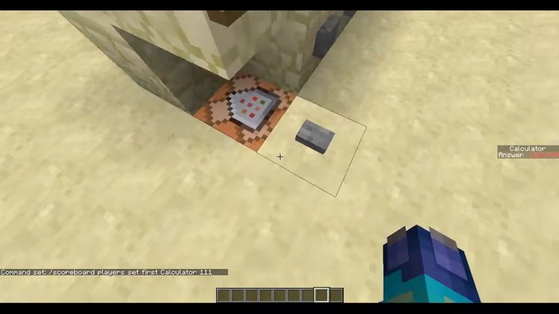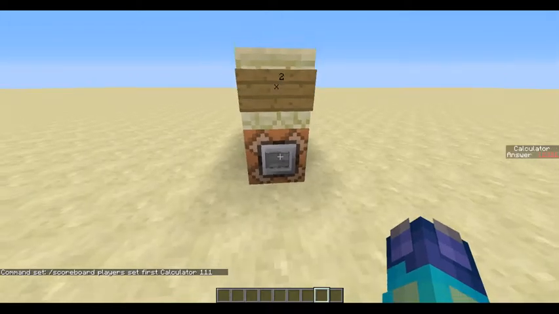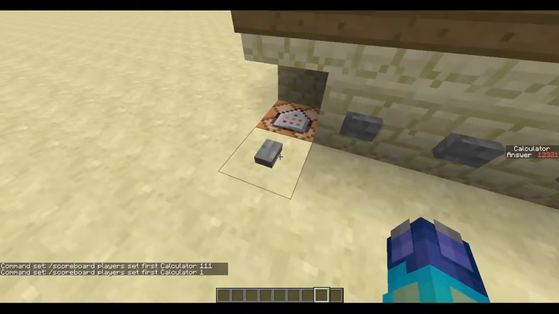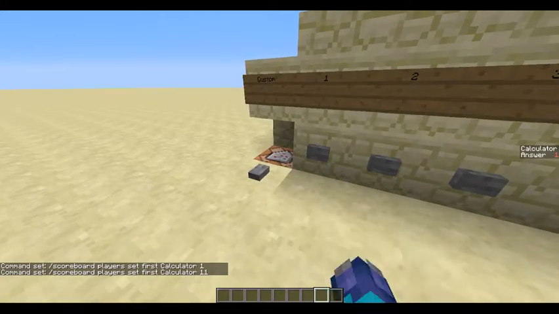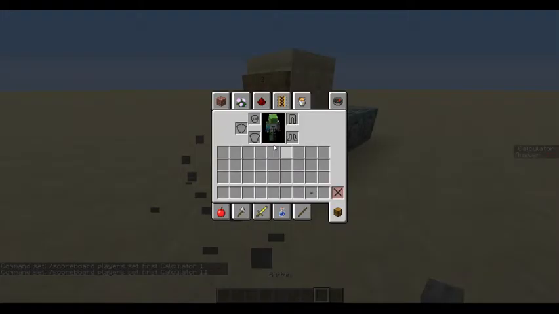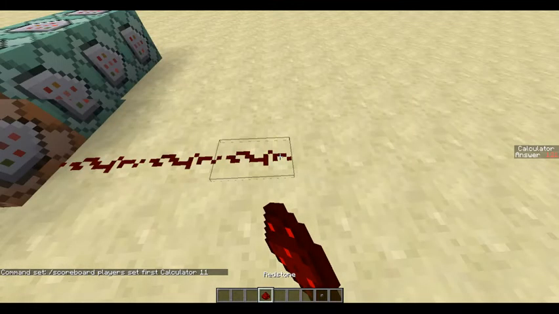And cool thing, if you do 111 and then you square it, you get 12321. And that's 1 squared is 1. 11 squared, I'm just going to make this easier.